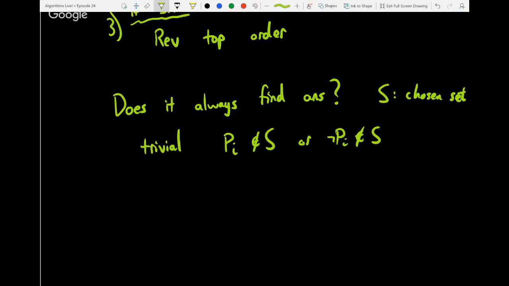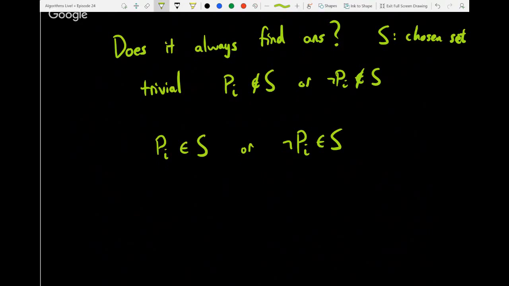So the only thing we need to show in terms of our algorithm is that Pi is in our set of choices, so Pi is true, or not Pi is true. That's one thing you can work out to show that when this algorithm completes, you're not going to get this case where you didn't take something, one or the other. I don't think this is too hard to prove, so I'll let you think about that.